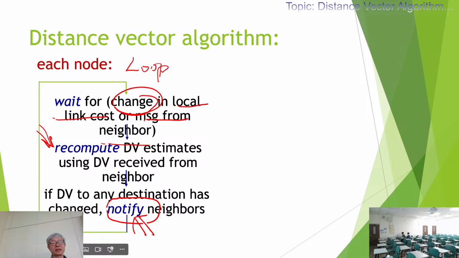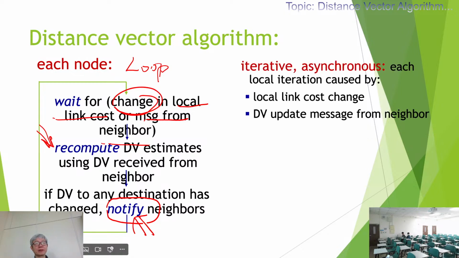If yes, we need to update, then we need to notify our neighbors. It's an iterative, asynchronous manner.